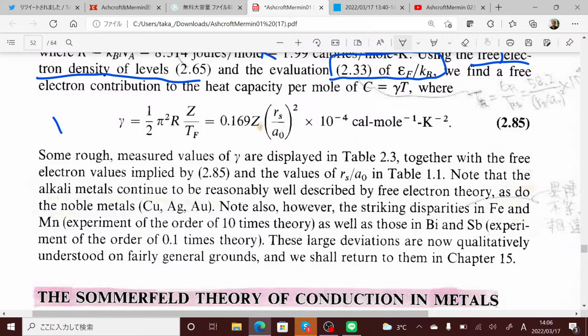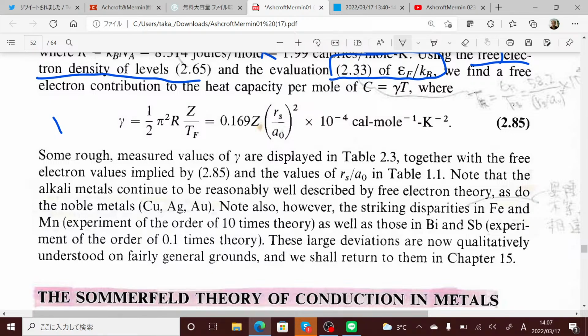Some rough measured values of gamma are displayed in table 2.3 together with the free electron values implied by equation 2.85 and the values of R_s over a_0 in table 1.1.